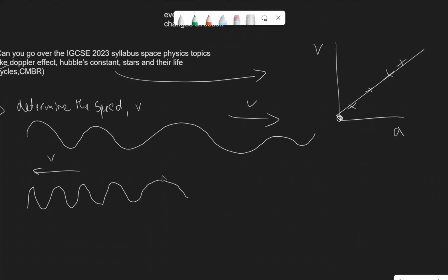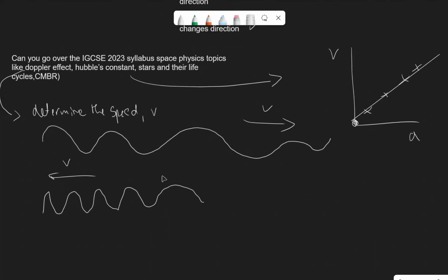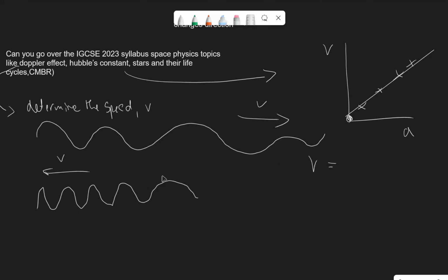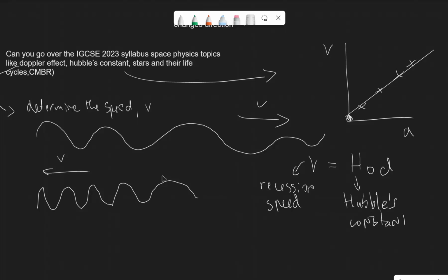If something is proportional, there should be a constant, and that constant is known as Hubble's constant. So this here, V, is known as the recession speed. H naught is Hubble's constant. And D is the distance to the galaxy.